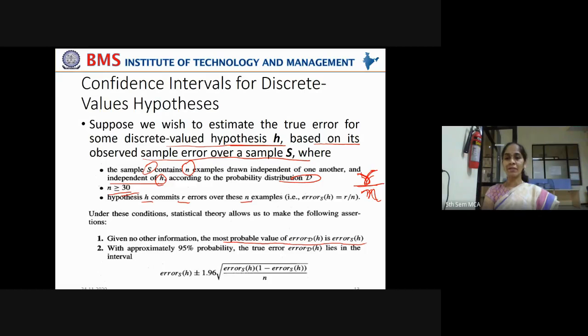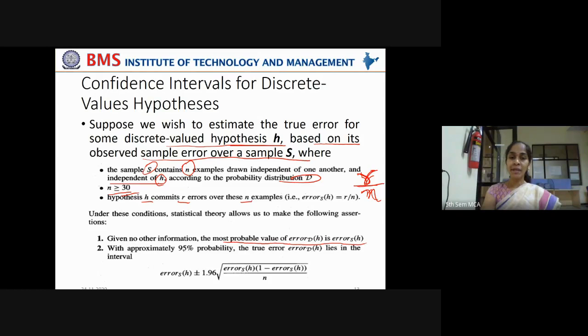We always try to assume that our machine learning model, which is giving this much accuracy, performs with the same accuracy when it is applied in real time. That is, true error and sample error are almost the same. If they are not equal, the difference between the sample error and true error will be as minimum as possible. That is what we assert when no further information is given.